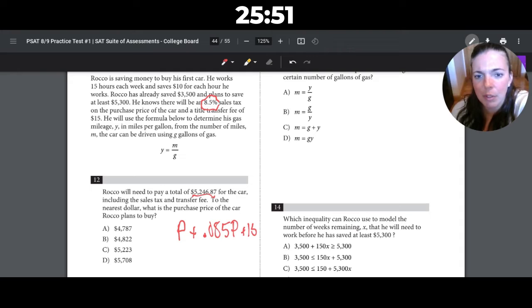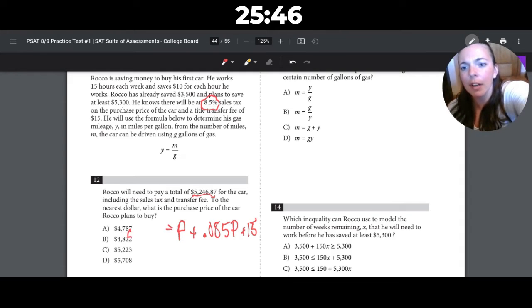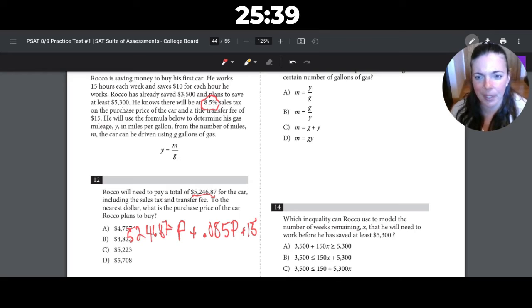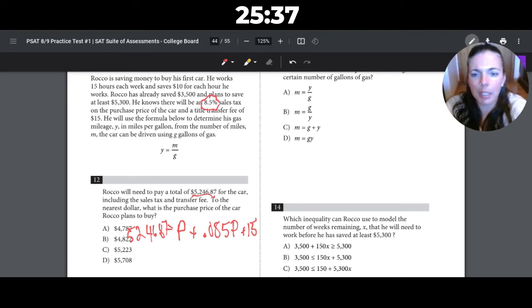Plus his transfer fee is $15. So this all together has to equal our $5,246.87 total price.